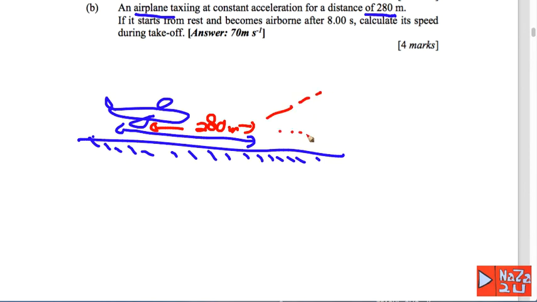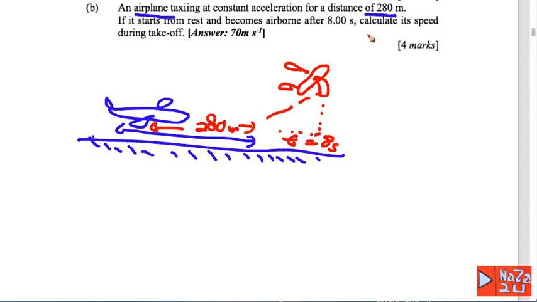So this is the takeoff process, where after t equals 8 seconds, the plane is on air, and this is the ground surface. The plane is airborne at that second.